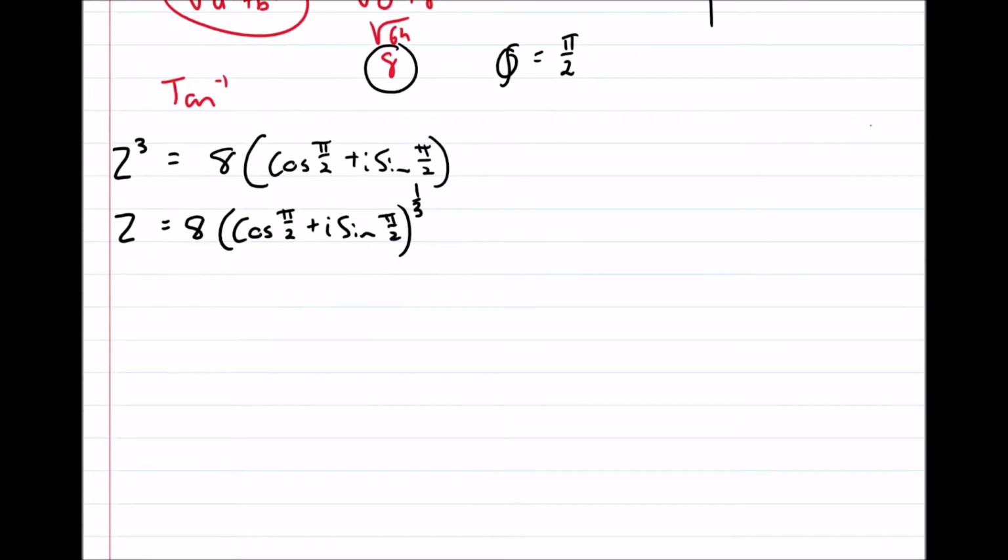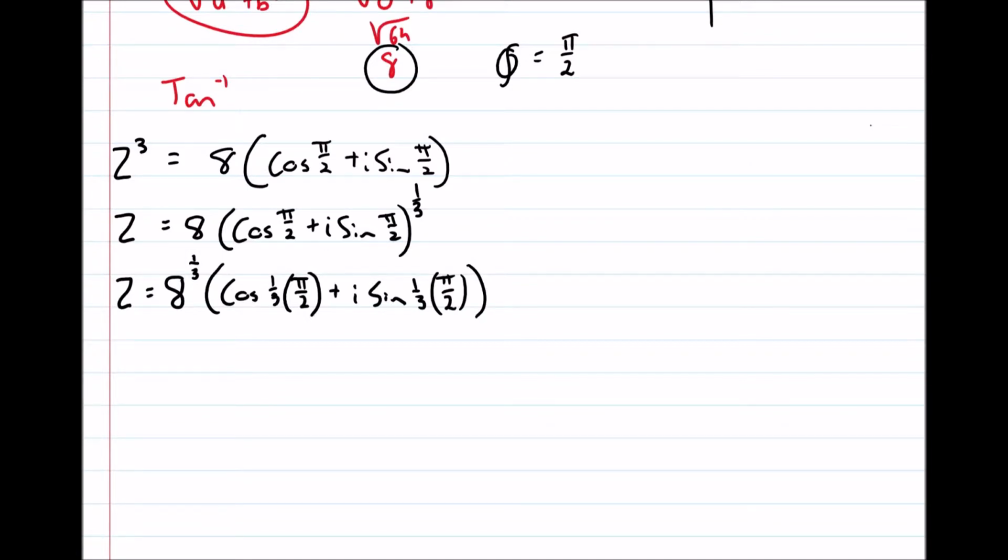Using de Moivre's theorem, then, I can say z will be 8 to the power of 1/3 cos 1/3 pi over 2 plus i sine 1/3 pi over 2. Not finished yet though, because remember we have to have it in general polar form.